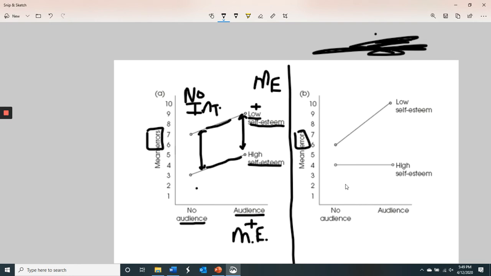Is there a main effect for audience and no audience? If we take the average of these two and the average of these two, I'm guessing there's probably no main effect, because it would be about here to about here. And I'm guessing there's no main effect for this one.